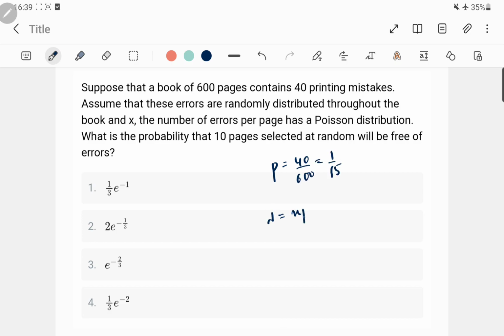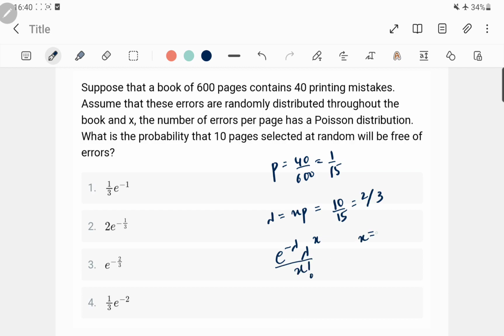Lambda is nothing but np, which is 10 into 1 by 15, which is 2 by 3, and the probability function is e to the power minus lambda, lambda to the power x upon x factorial.